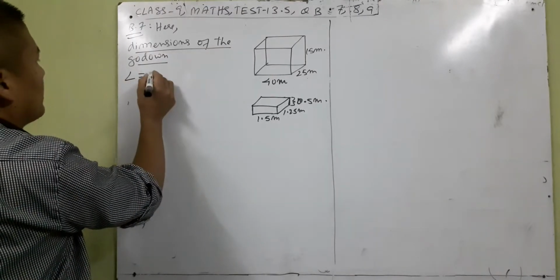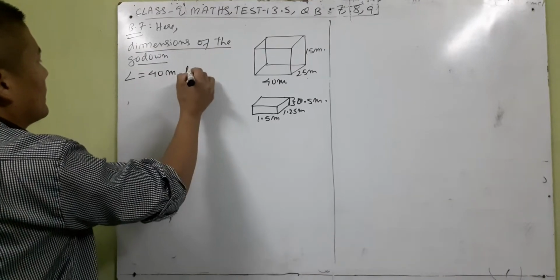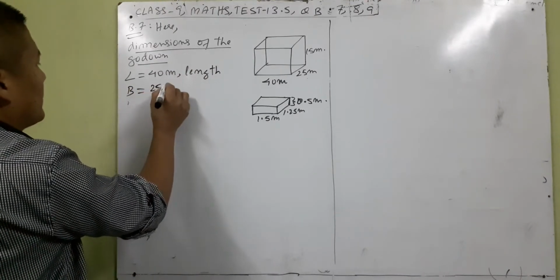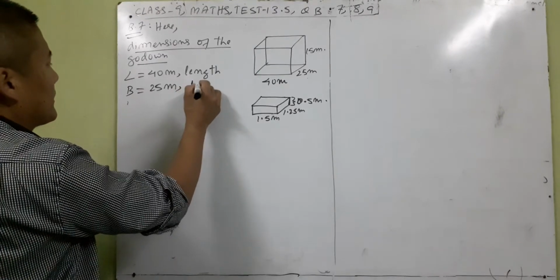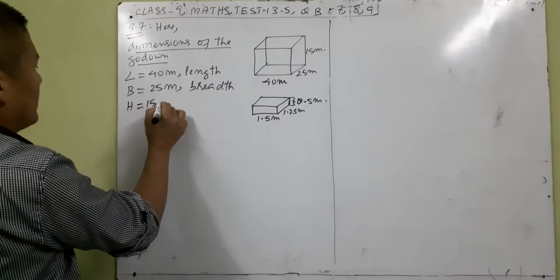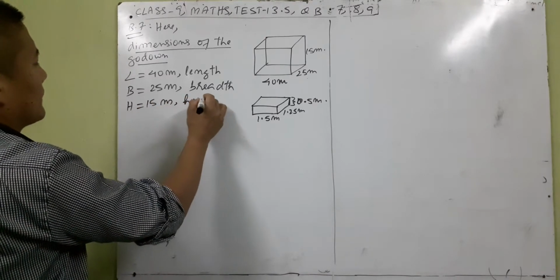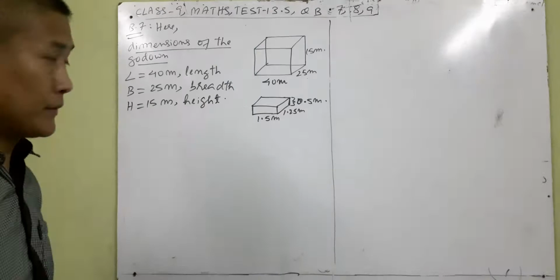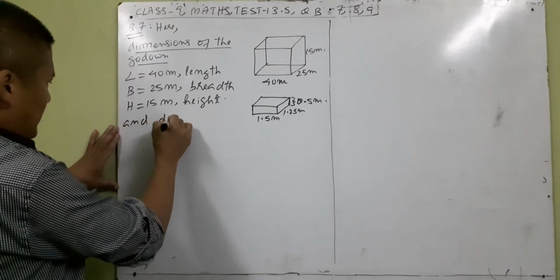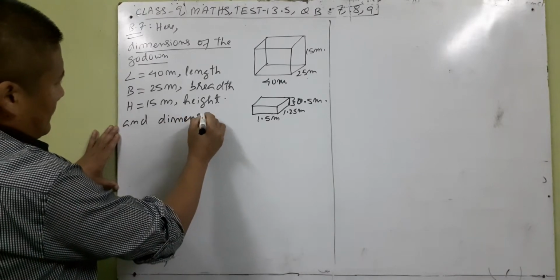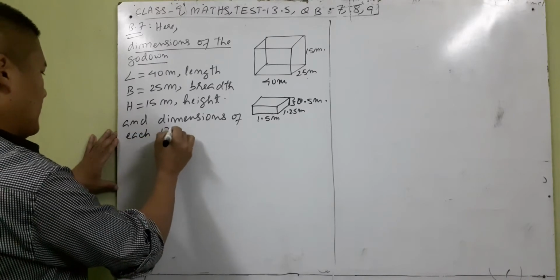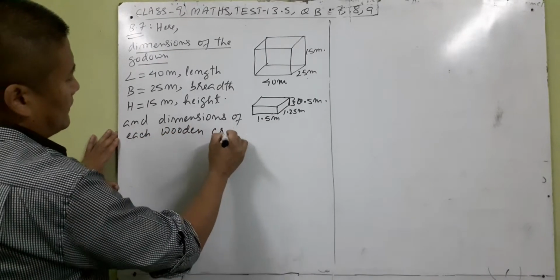Here, capital L 40 meter, this will represent your length, and B 25 meter, which will represent the breadth, and then H 15 meter, this will represent the height. And here, the dimensions of each wooden crate.